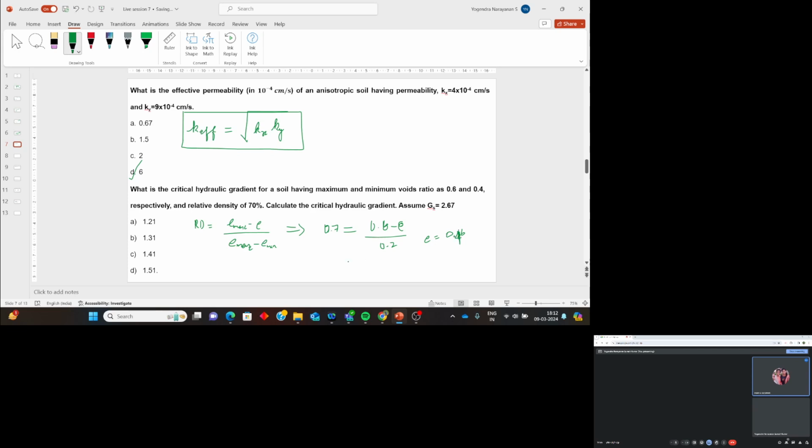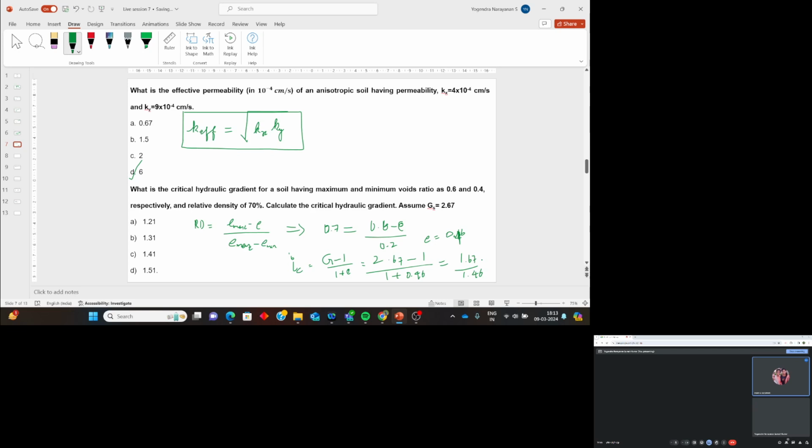And I_D will be (G minus 1) by (1 plus e), which will be 2.67 minus 1 by 1 plus 0.46, which is 1.67 by 1.46. How much are you getting?